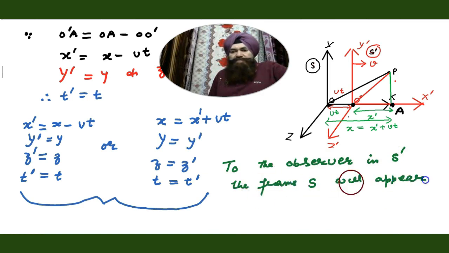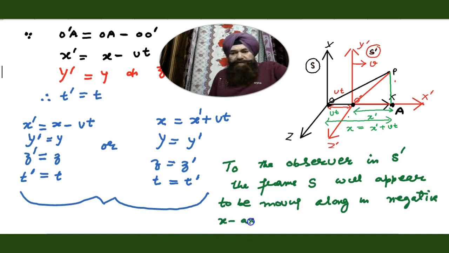To the observer in the frame S dash, the frame S will appear to be moving along the negative x-axis with velocity minus v.